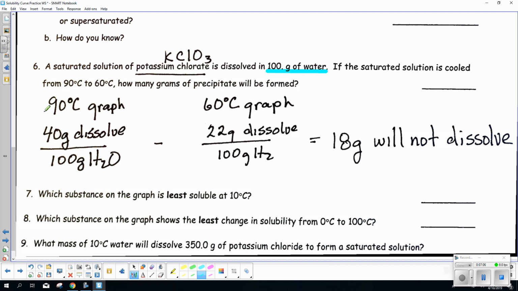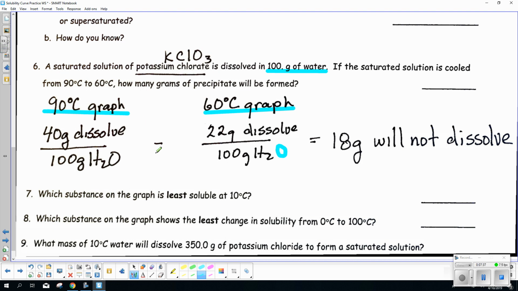Again, you go back to your graph on the front page, locate 90 degrees, find the saturation line, and go over to the left, and it's about 40 grams that will dissolve in 100 grams of water at that temperature. What happens at 60 degrees? Because it's colder water, you're only going to dissolve 22 grams in 100 grams of water. You get that off of the graph.